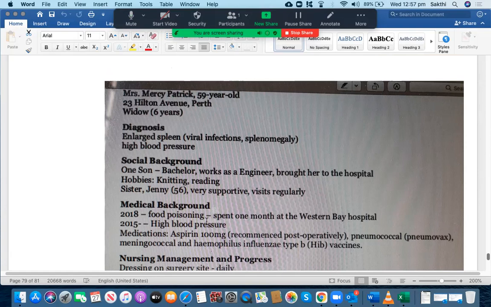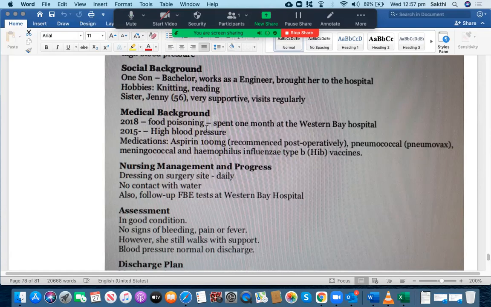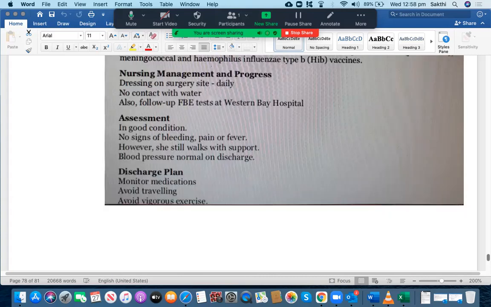Social background and some marks. Okay. That's good. All right, that's fine. Pneumococcal, all these things are included. Dressing on surgery site daily, no contact with water. Also follow-up test. That's good. Sugars included in that.